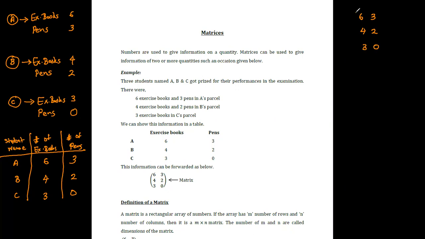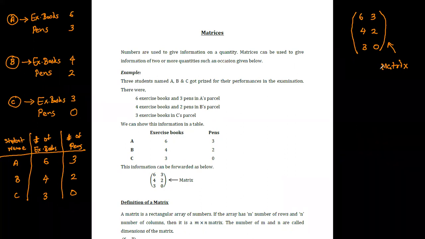If you write this inside parentheses or box brackets, this type of arrangement is said to be a matrix. This is how we form a matrix. The tabulated values can be represented using a matrix.